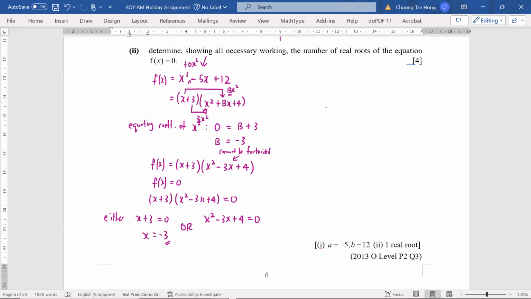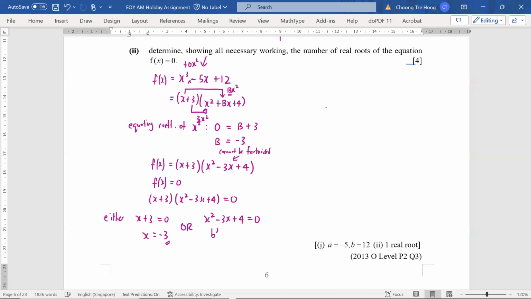To see whether it has any real roots, we can calculate the discriminant, b squared minus 4ac. If b squared minus 4ac is greater than 0, then it has real and distinct roots. If it is 0, it has real and equal roots. But if b squared minus 4ac is less than 0, then it will have no real roots. Then there will only be one real root, which is x equals -3.